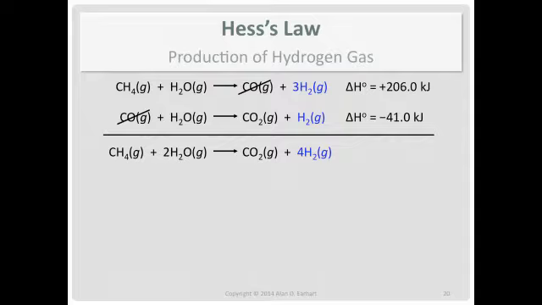Since we added the chemical equations up, we can then add the standard enthalpies of reaction up. Total is positive 165.0 kilojoules, which means this reaction, the overall reaction, is endothermic.